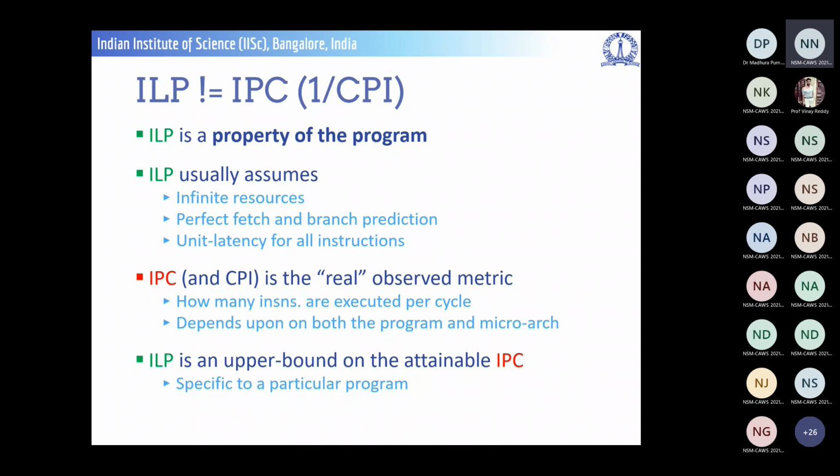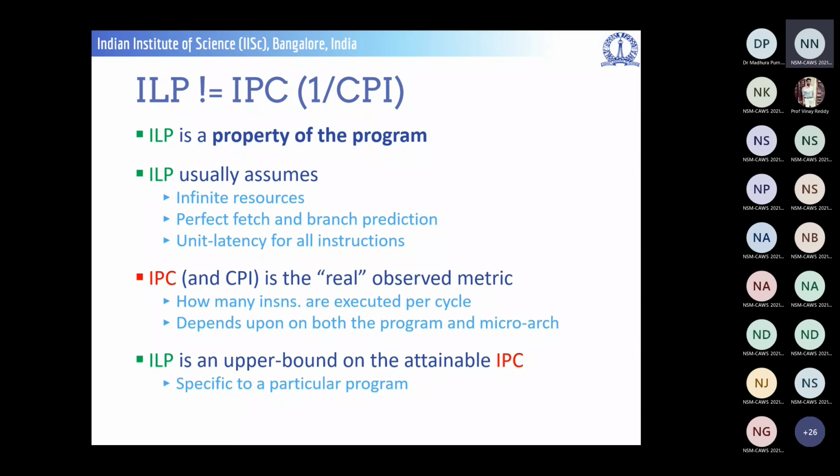In terms of the relation between ILP and IPC, instruction level parallelism essentially determines the upper bound on how much IPC you can actually get. Because if there is no parallelism in the program to start with, what can the hardware actually do?